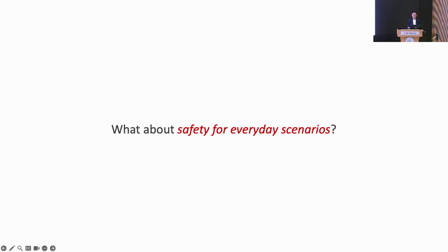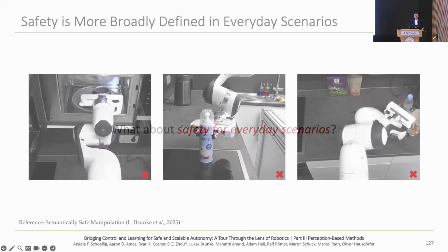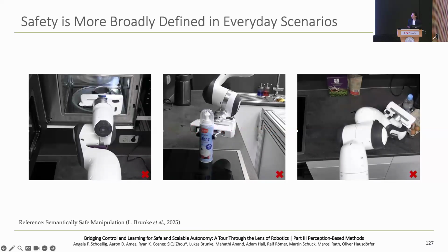Beyond collision avoidance in real life, robots should be able to comply with constraints that are not just geometrically defined. For example, if we have a robot operating in the kitchen, it should know that metallic materials should not be placed in the microwave, or pressure cans should not be placed on top of a stove, or keep heavy objects away from fragile items.